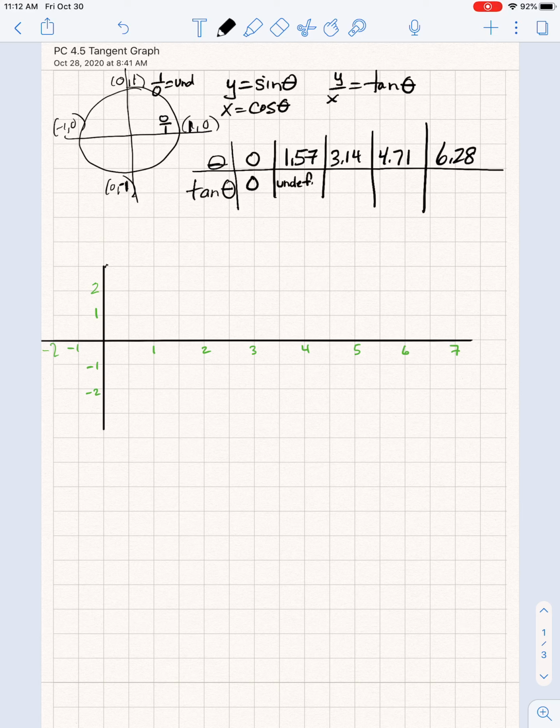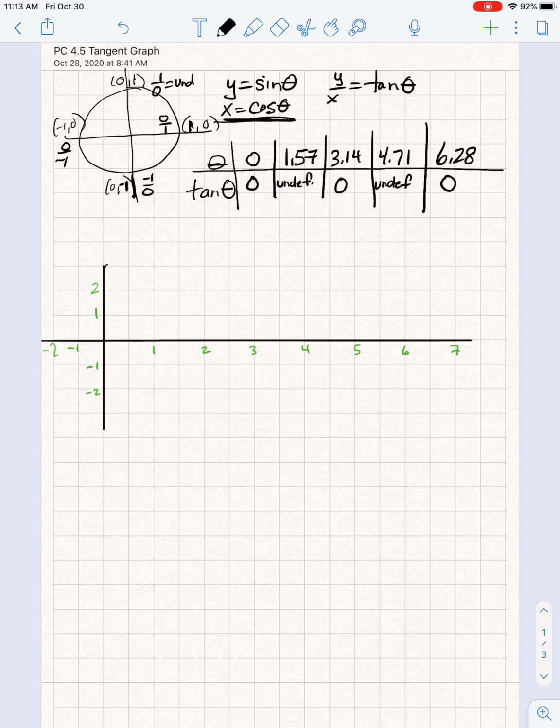At 3.14, 0 over negative 1 gives us 0. Down here at 4.71, we have negative 1 over 0, so again, we are undefined. Back around to 6.28, we are 0 over 1. In fact, those undefined places are when your cosine is 0. The cosine is x, so when the cosine is 0, we're going to have asymptotes.